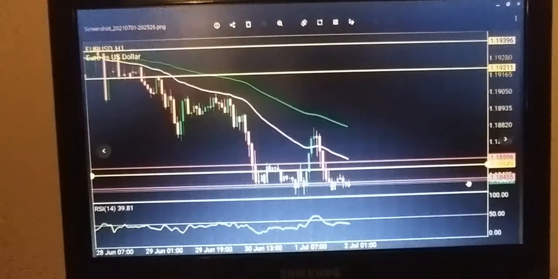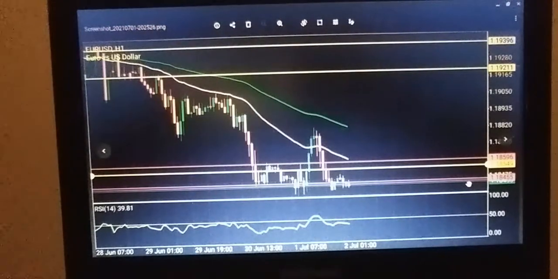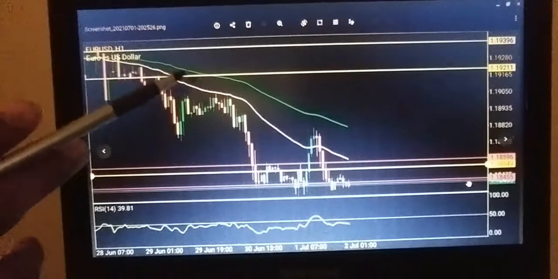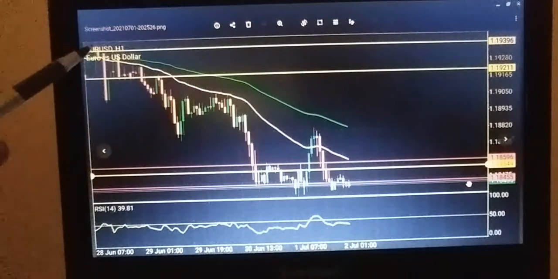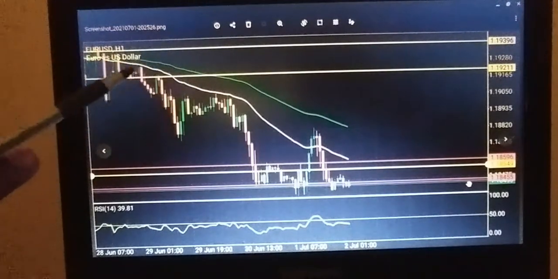Okay, and so basically, this analysis is being broken down on the hourly time frame. As you can see here, the Euro US dollar, it is in a downtrend. So I've already drawn out my support and resistance lines. But right here, you can see with the 21 and the 50 smooth moving average, we have movement downward.